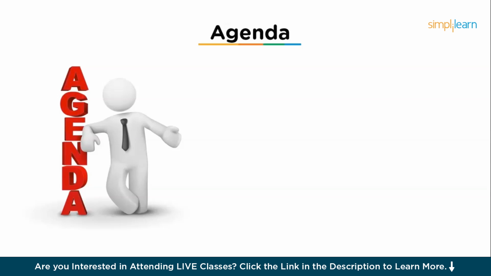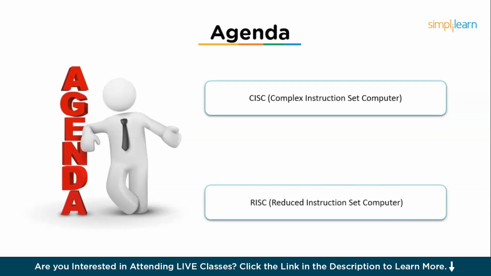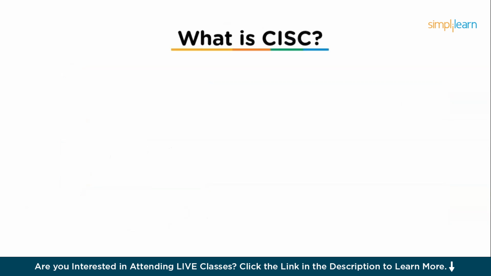First we will see CISC, that is the Complex Instruction Set Computer, and then we will get to know about RISC, that is the Reduced Instruction Set Computer. By the end of this module, you will know what makes these architectures different, where they are used, and how to choose the right one for your project. So, let us now move on and see what is CISC.